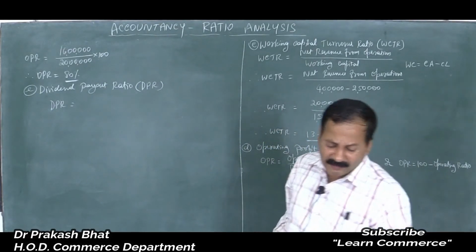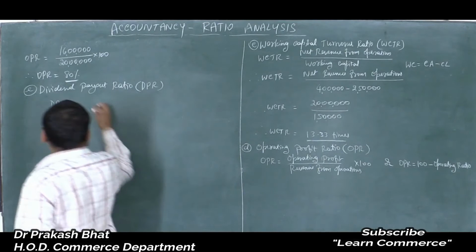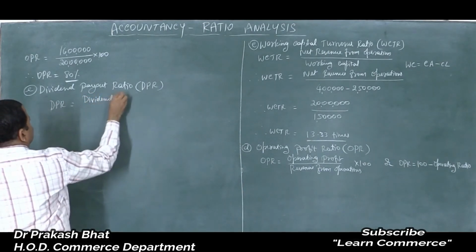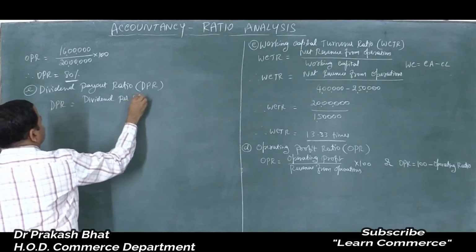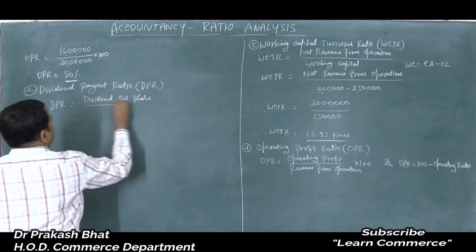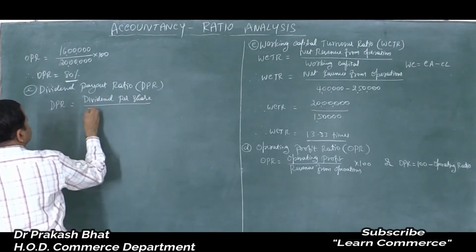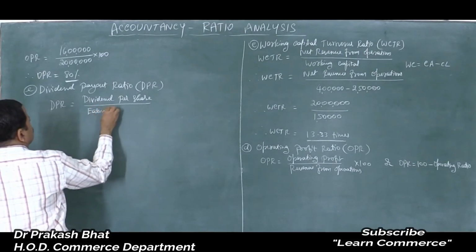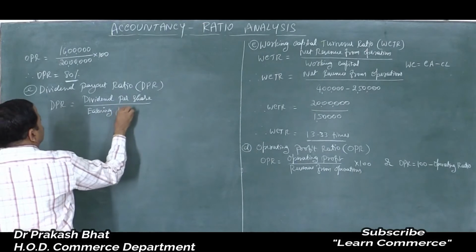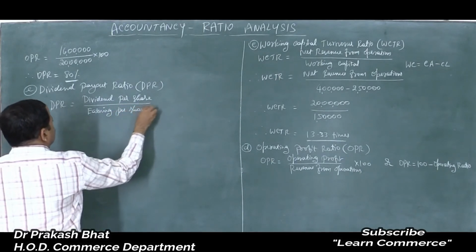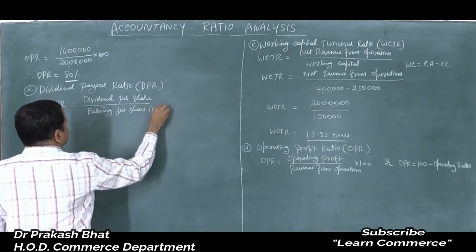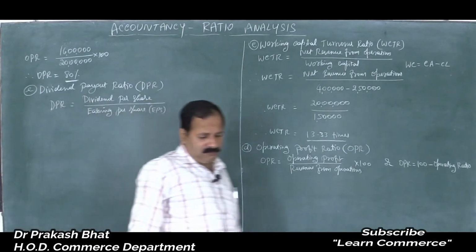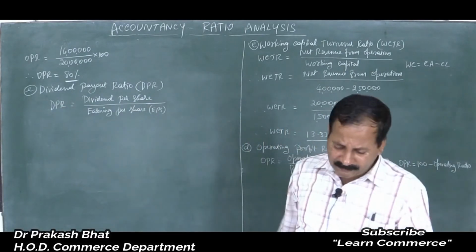Dividend per share divided by earnings per share or EPS. That is what the formula is.